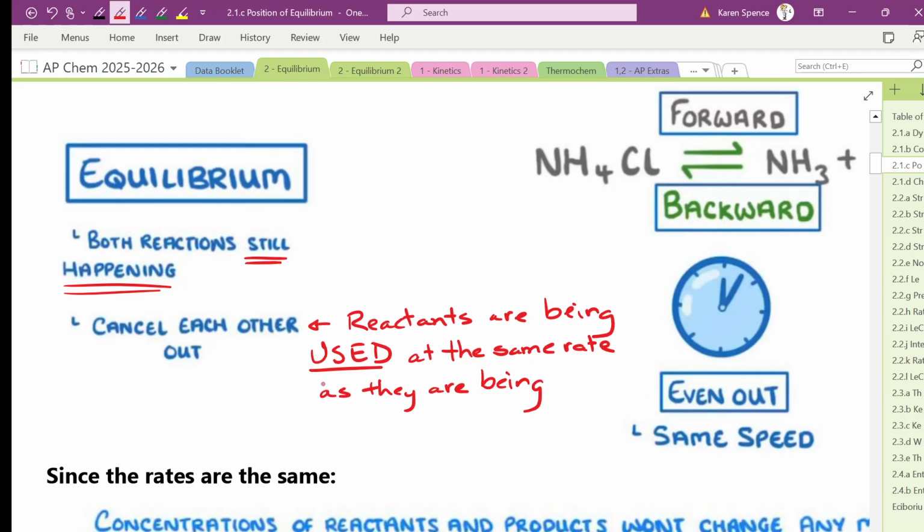So reactants are being used at the same rate as they are being produced. Therefore, what can we say about the concentration of the reactants? Yeah, concentration of the reactants will remain constant.